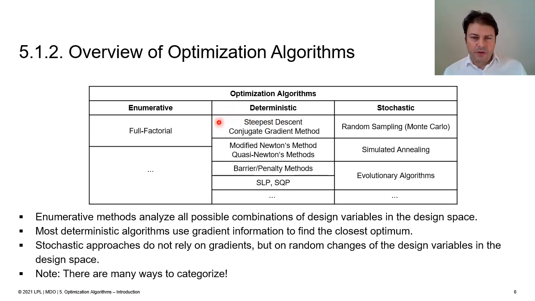To name the most important ones, gradient-based algorithms would be steepest descent, conjugate gradient method, modified Newton's method, quasi-Newton's method, barrier and penalty methods, and SLP, SQP, which we will cover next lecture. The other algorithms here we will all cover in today's lecture.